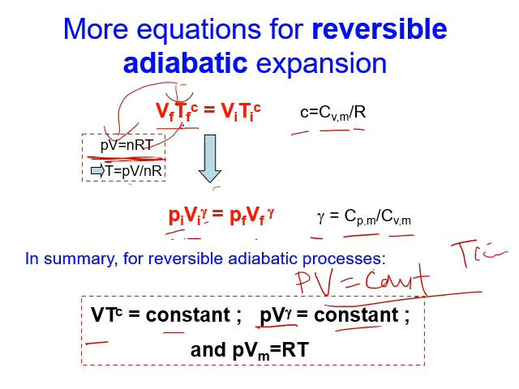Here, for an adiabatic reversible process, PV you need to raise to the gamma's power, and that will be constant. So if you have a reversible adiabatic process, not only can you use the ideal gas law, you can also use these two equations for calculations of volume, pressure, or temperature.